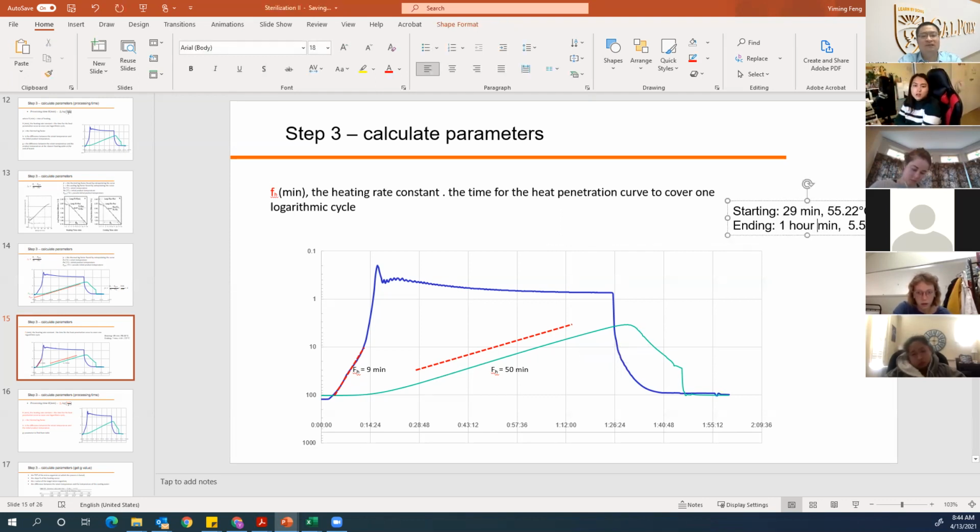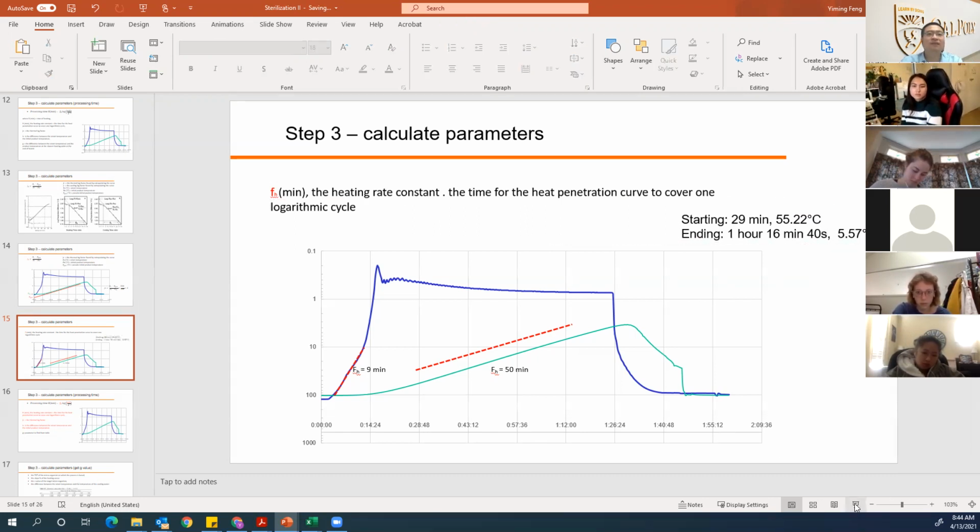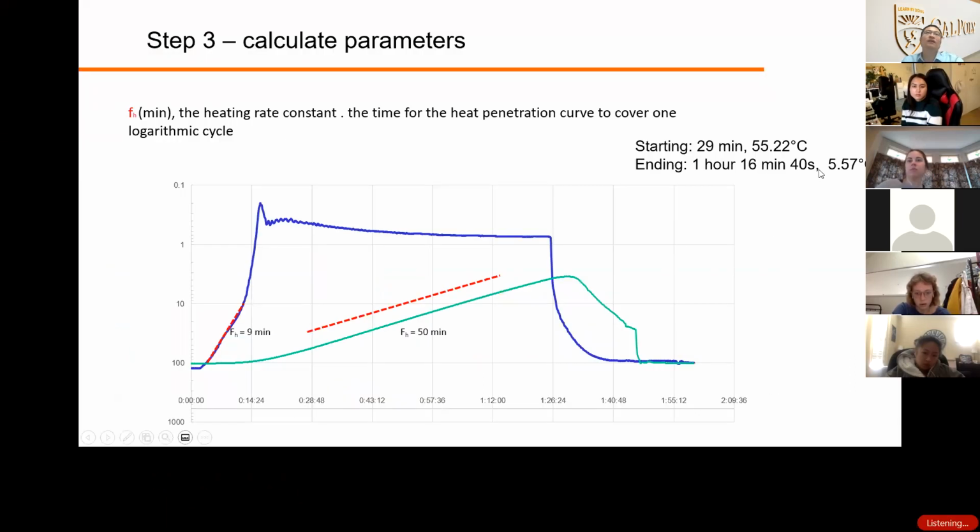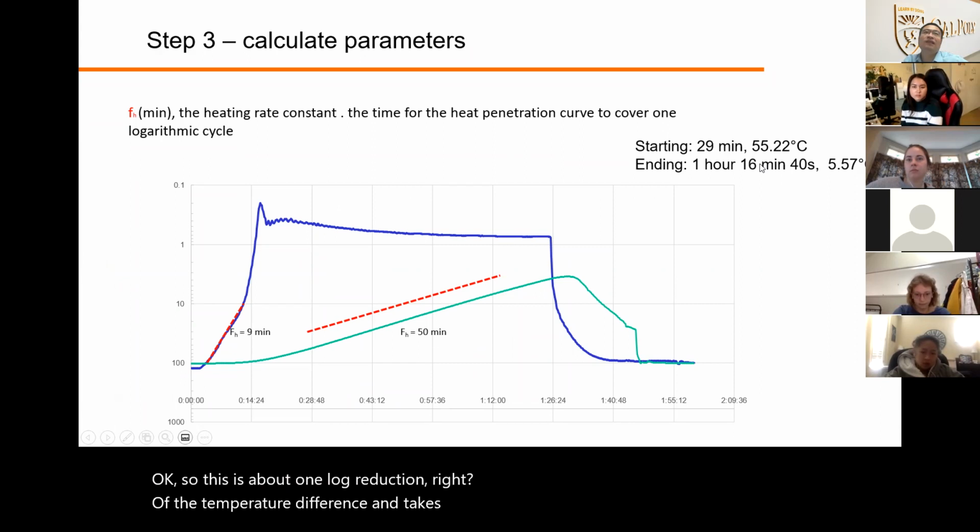So this is about one log reduction of the temperature difference, and it takes about 47 or 48 minutes, right?